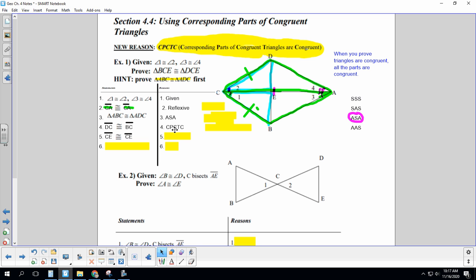So it's a CPCTC. The next thing we're going to prove is that CE is congruent to CE. And that's the hero, our reflexive property again. And then finally, we should have what we're trying to prove on the last line: triangle BCE, this little guy in the blue, congruent to DCE.